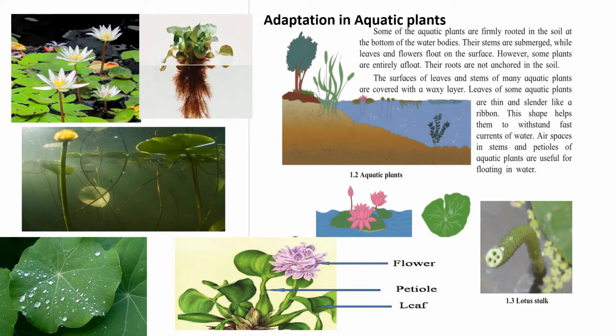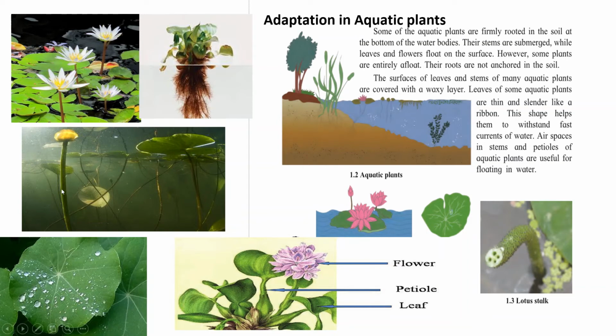Adaptation in aquatic plants. Aquatic plants means the plants which live only in water, in rivers, lakes, ponds, sea, ocean, etc. Examples for aquatic plants are lotus, water lily and water hyacinth. These plants have a special bodily structure to live in water.